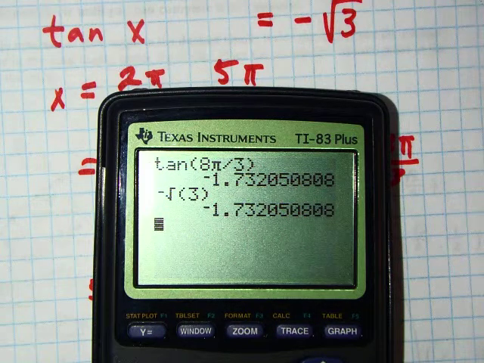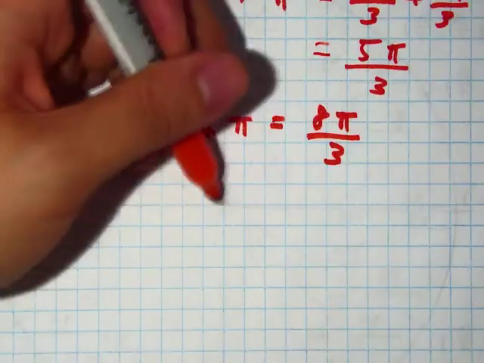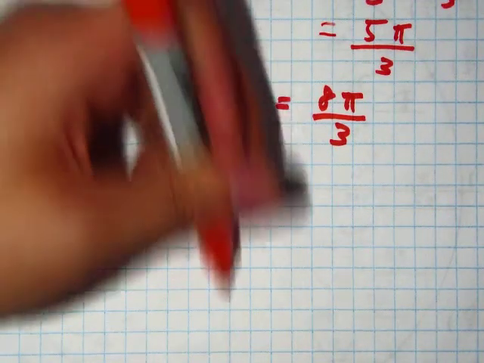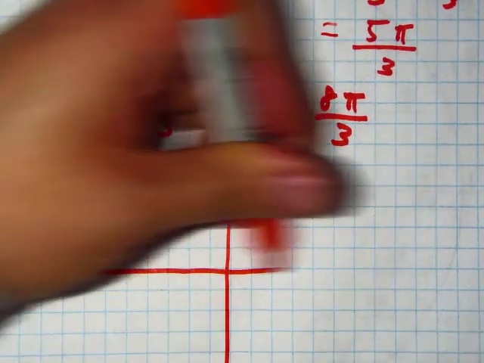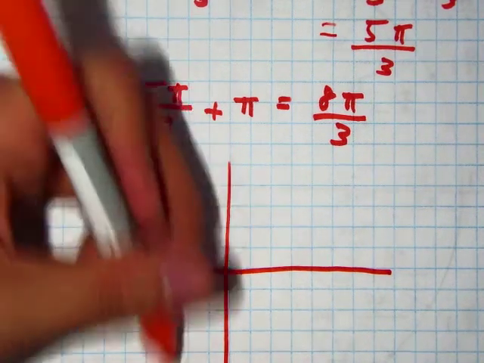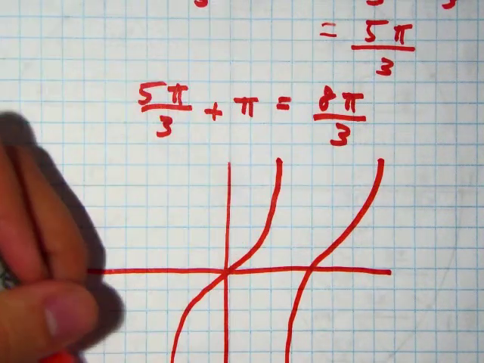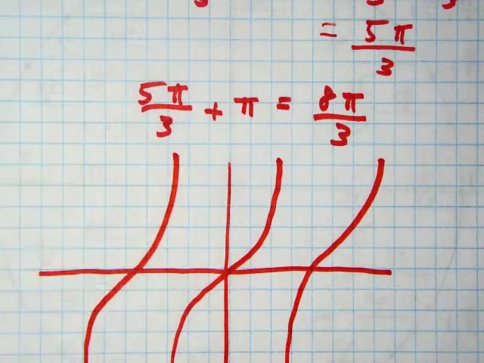If you want to look at this graphically, this is what tangent of x looks like. I'm just going to do a rough drawing of it. It looks something like that.